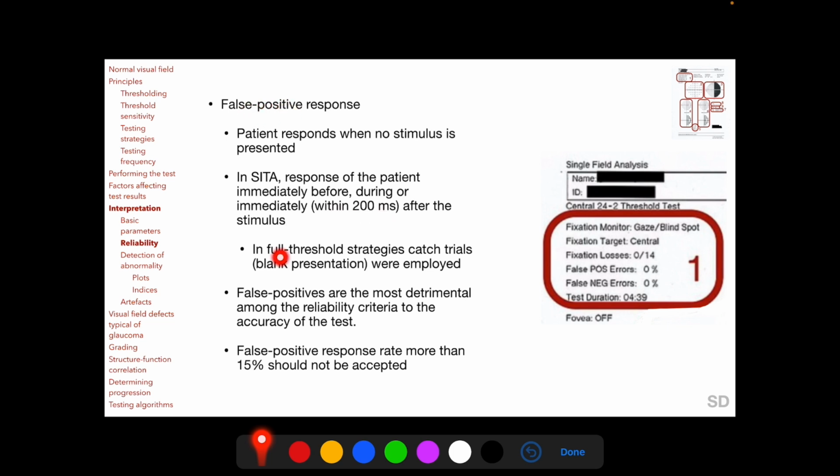In the previous generation of full threshold strategies, catch trials with blank presentations were employed to detect false positive response. False positive response is the most detrimental among the reliability criteria to affect the accuracy of the test, and it is recommended that a false positive response rate of more than 15% should not be accepted, and this is a very important figure to remember.